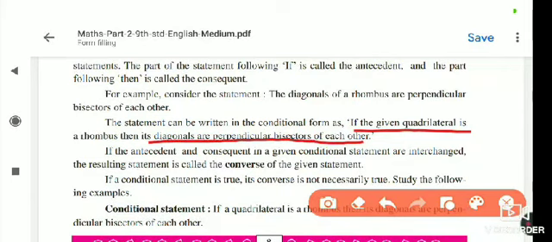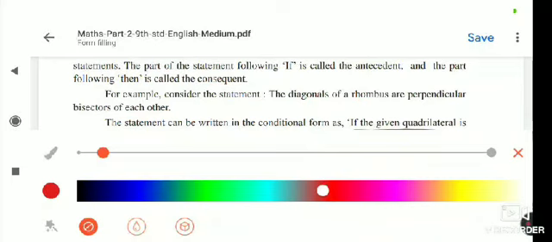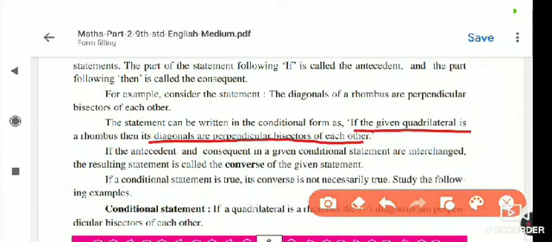So here the statement which follows if is called the antecedent. Here it is if and here it is then. Therefore, the given quadrilateral is a rhombus is the antecedent of the statement, and its diagonals are perpendicular bisectors of each other is the consequent.